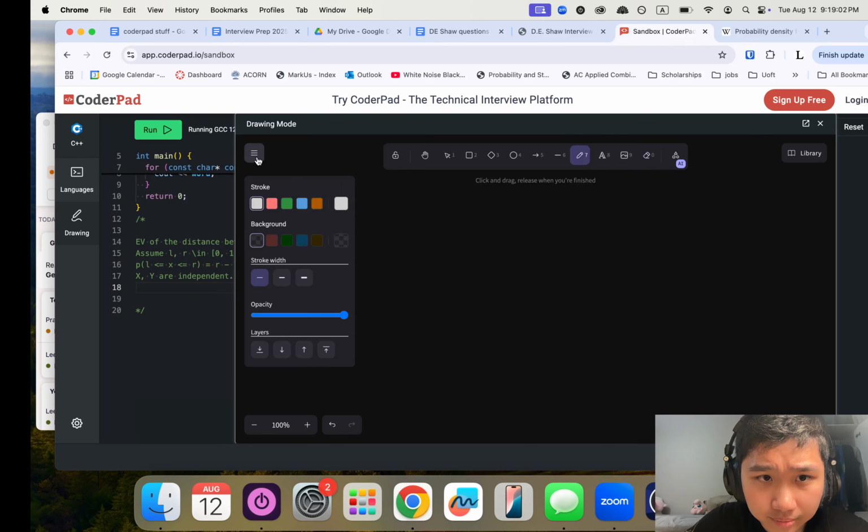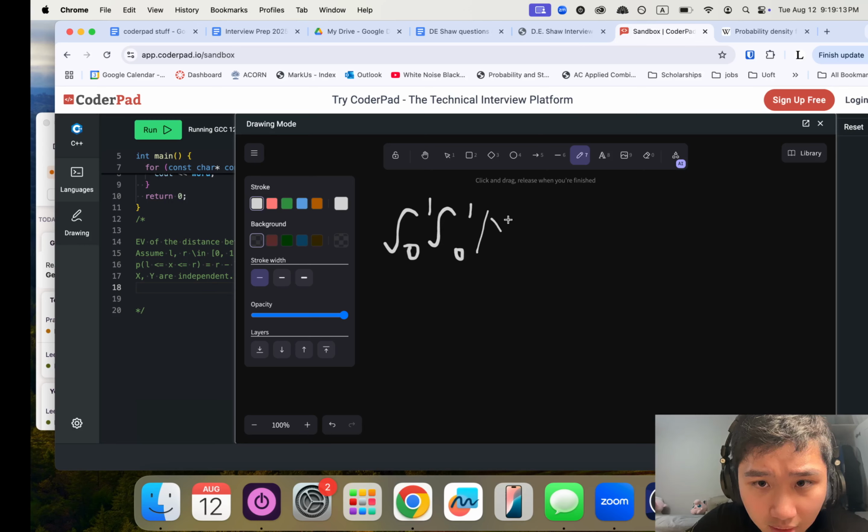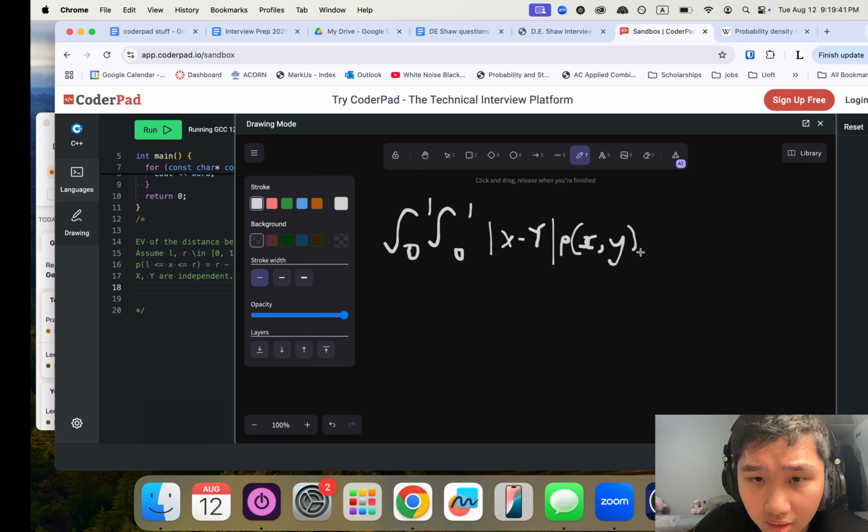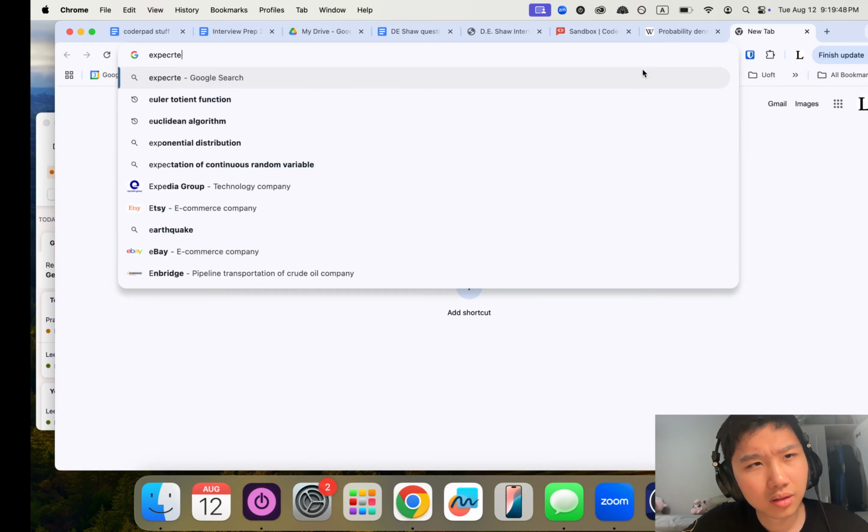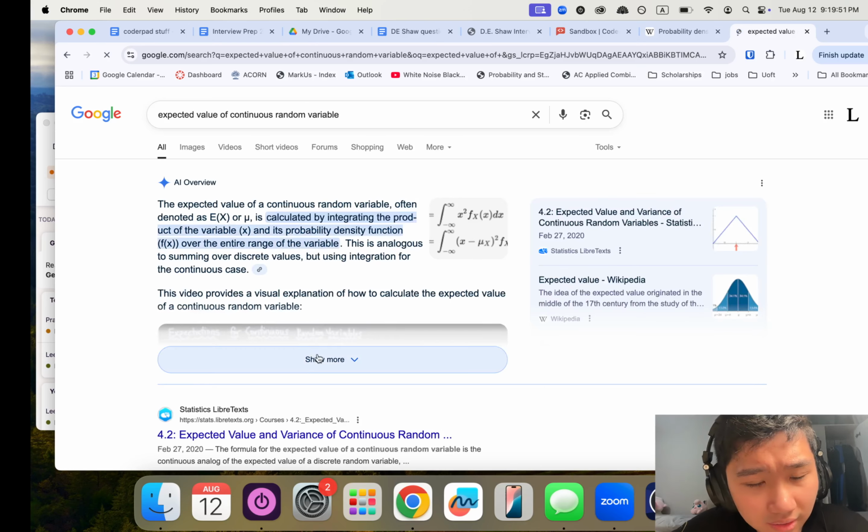It's going to be the integral from 0 to 1, integral from 0 to 1, of x minus y dy dx, times the probability of x, y. How did I forget this?